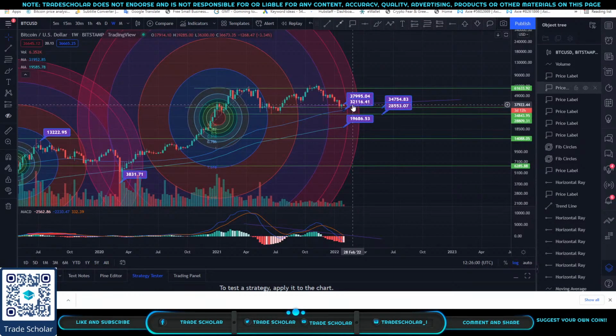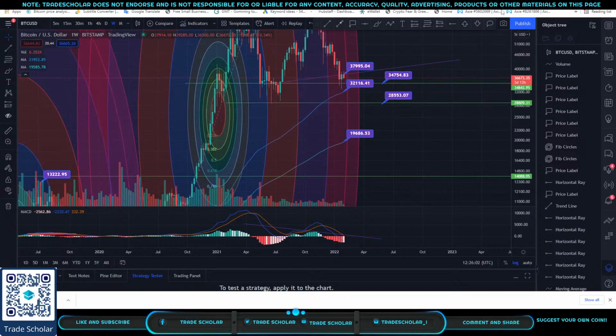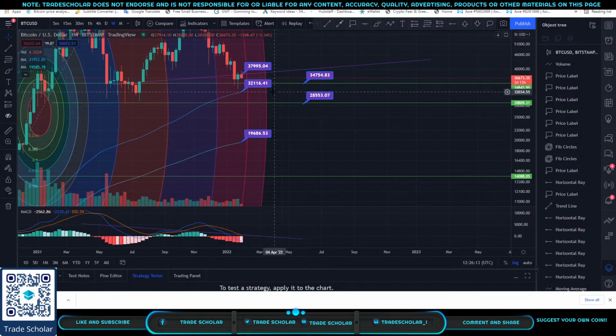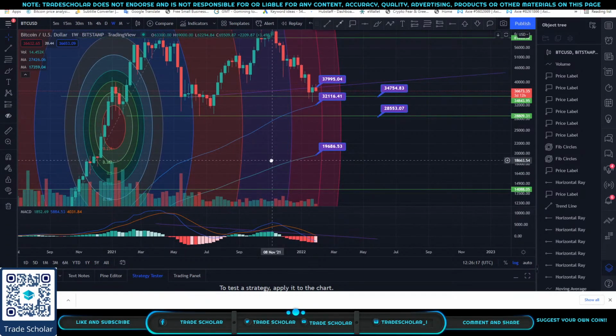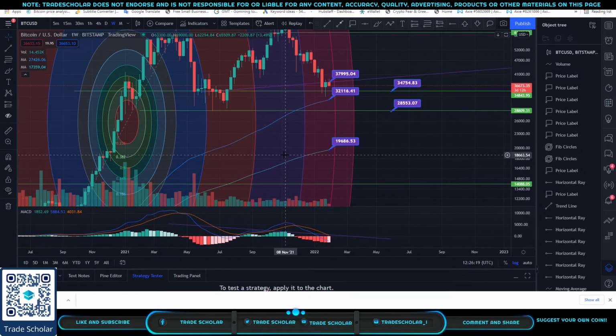So ours is 32.1. We have 34. This one maybe 29. This one is 34. The 100 moving average still needs to be touched and then we can pump again. That's it for our Bitcoin weekly time frame.